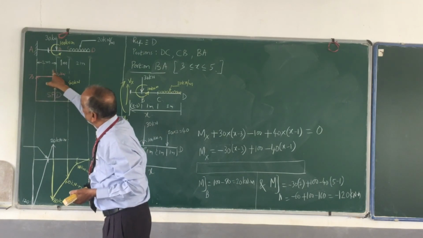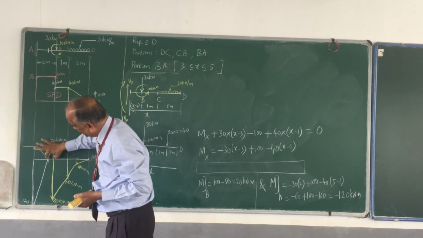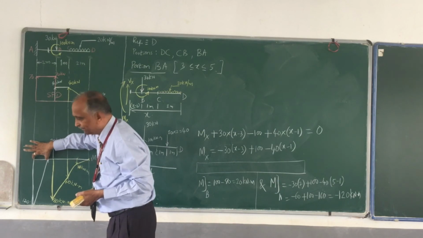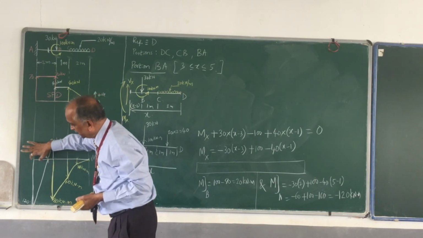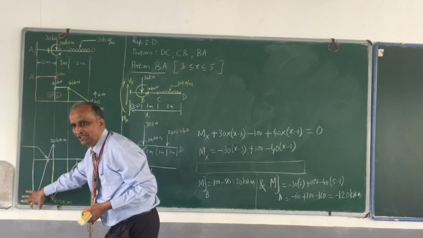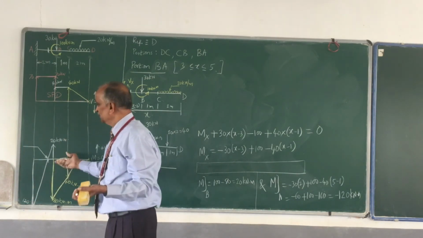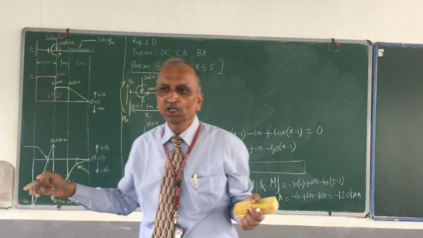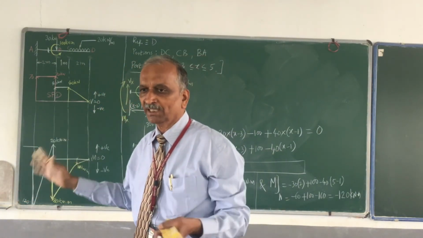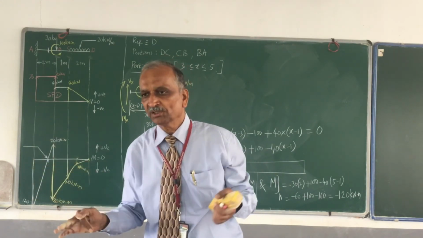You know that from here to here is 2 meters. If this is y, then this is 2 minus y. So y by 20 is equal to 2 minus y divided by 120. If you simplify this, you will get y. So it is not impossible for you to find out the section where exactly the contraflexure is occurring.